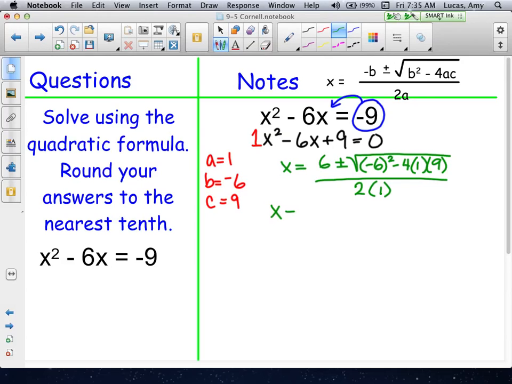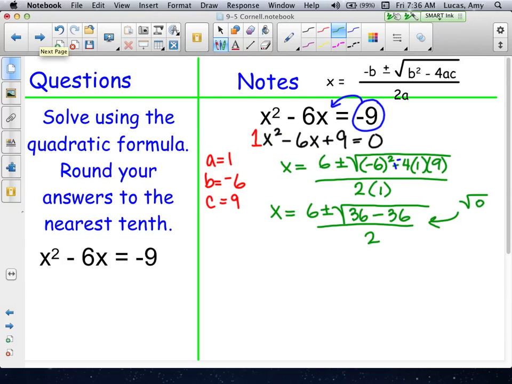Now if I simplify under the root, negative 6 squared is 36, and then I'm going to add the opposite on that 4. So negative 4 times 1 times 9 would be negative 36, and 2 times 1 is 2. So on this problem, under the root, I'm going to have 0.